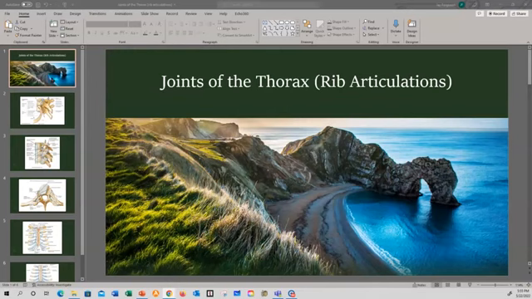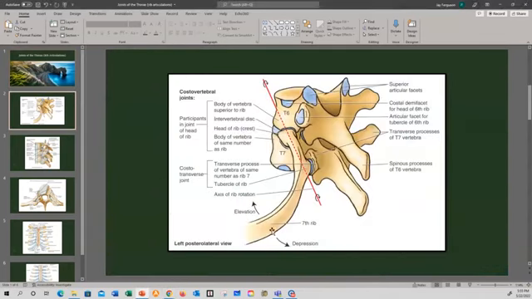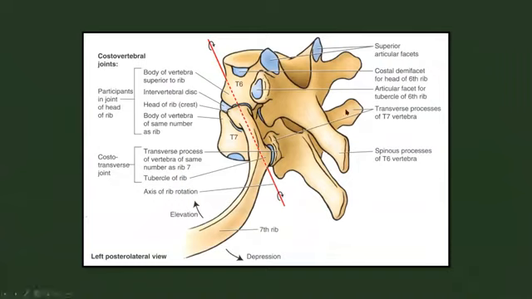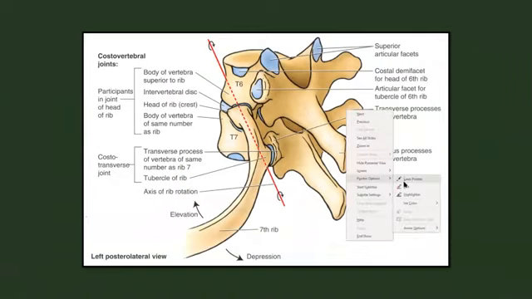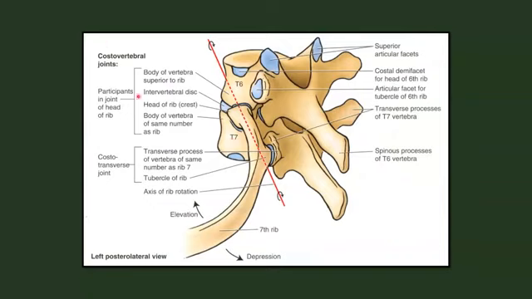And as we do that, we'll first discuss what they call the costovertebral joints. Now remember, the costovertebral joints can be an umbrella term that includes the articulation between the head of a rib and the thoracic vertebrae, and can sometimes also include the costotransverse joint, which of course is the articulation between the tubercle of a rib with the transverse processes.